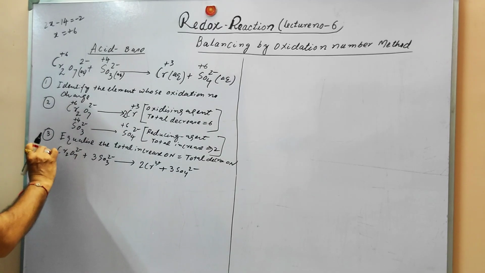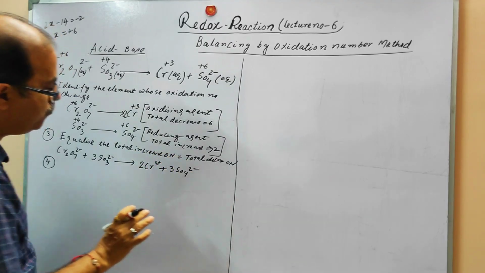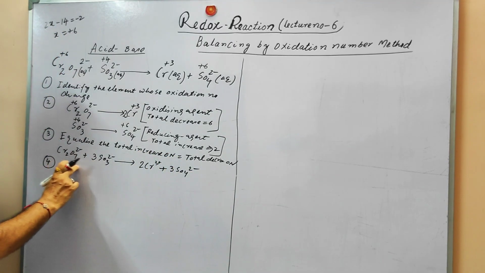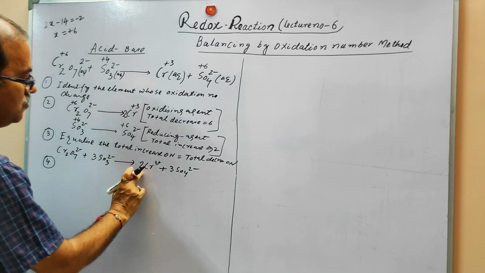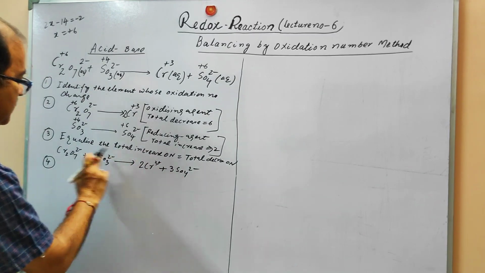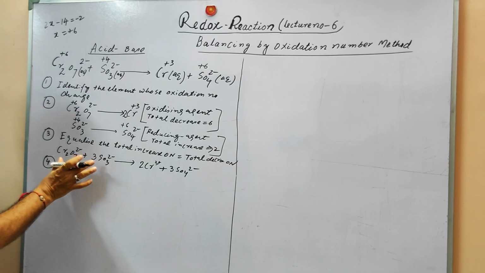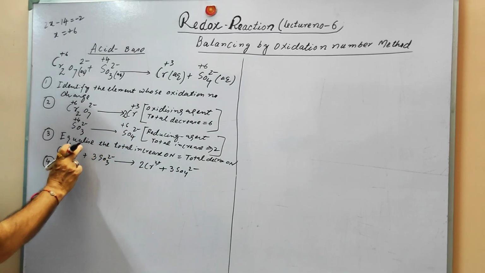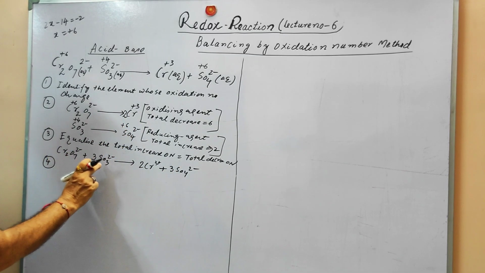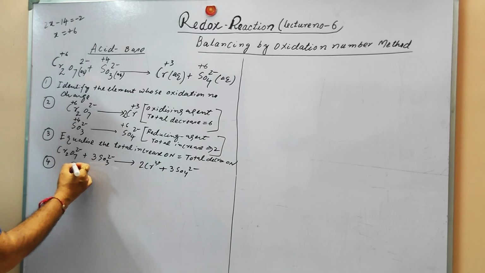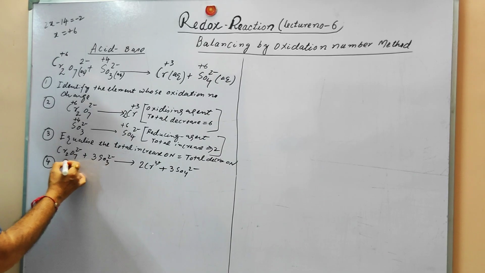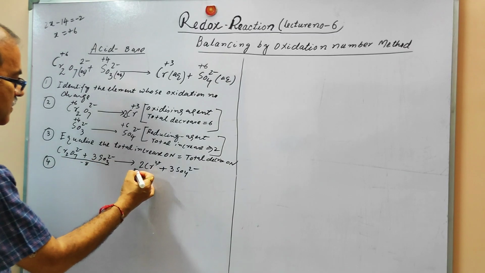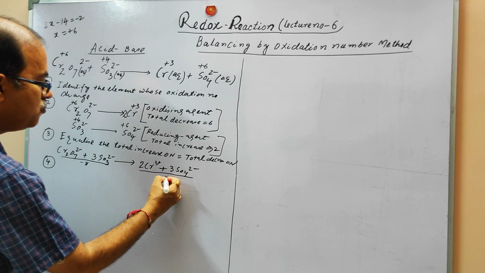Now, you can see the reaction is going on in the acidic medium, and as you can see, the charge on the left hand side and right hand side, reactant and product, is different. On the left hand side the total charge is -8, you can understand easily, whereas on the right hand side it is 0 charge.